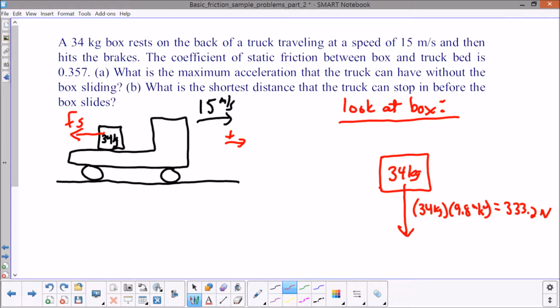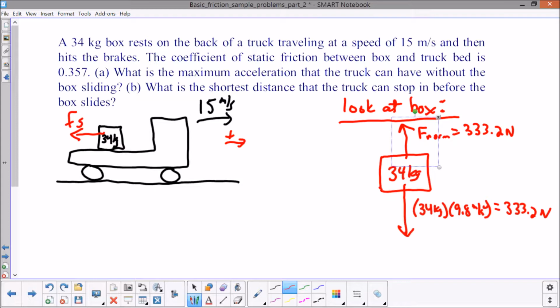The only other force acting perpendicular to the truck bed is the normal force. Since the box is not moving in that perpendicular direction, that tells us that the normal force is going to have to equal 333.2 newtons as well.